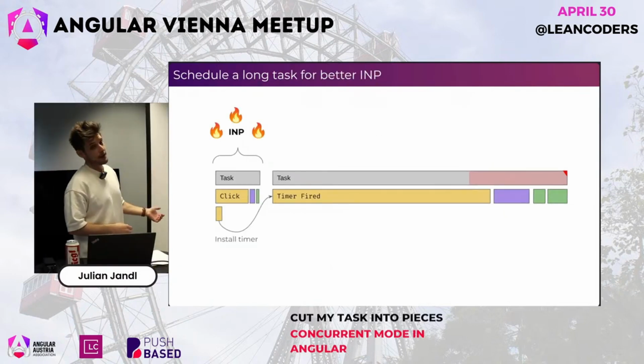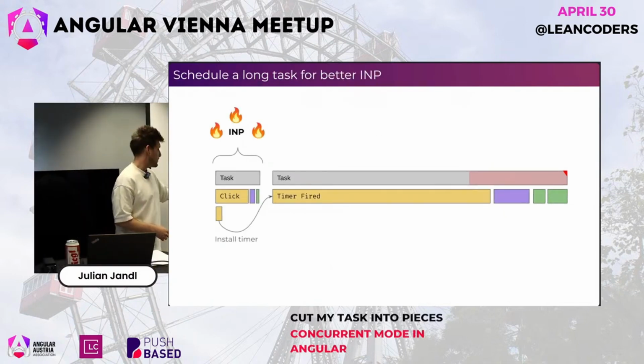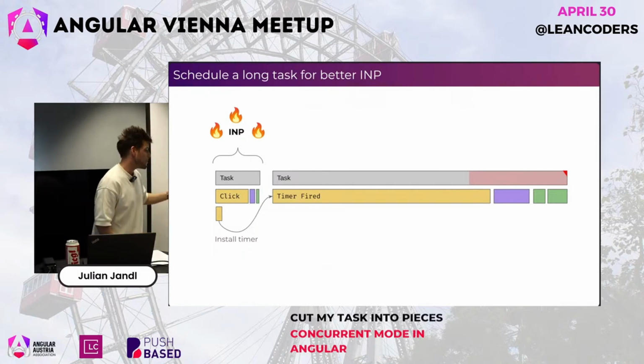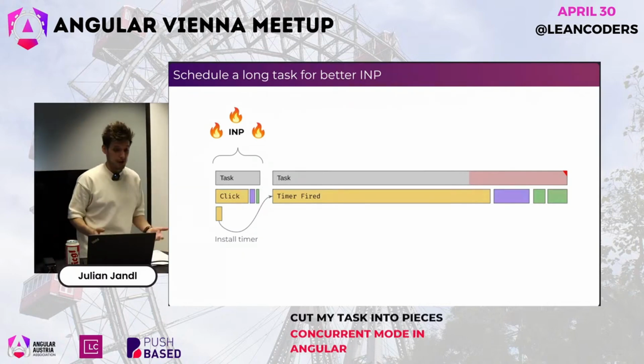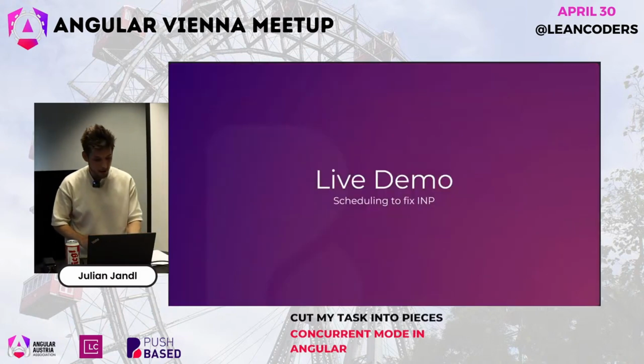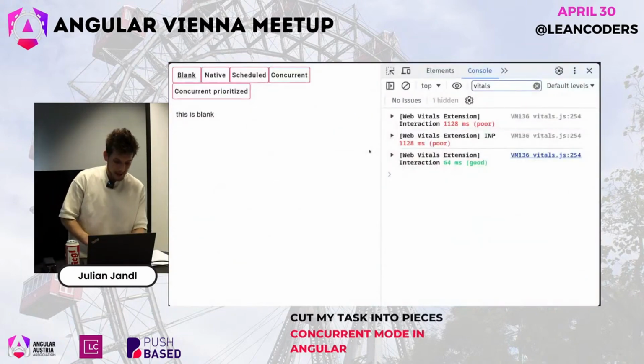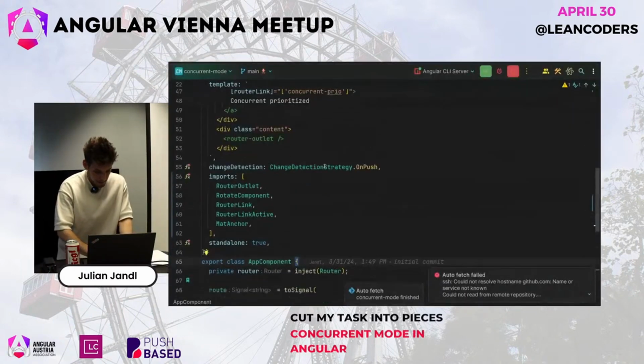But I said we are smart, so we install a timer here. The click event is now, I don't know, a millisecond or so. We install a timer, and then we let the long task run at a later point in time. And this is how we can achieve a very good INP metric at first glance. So let's take a look at how this looks. Let's first look at the code.